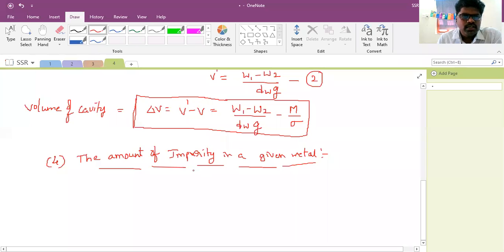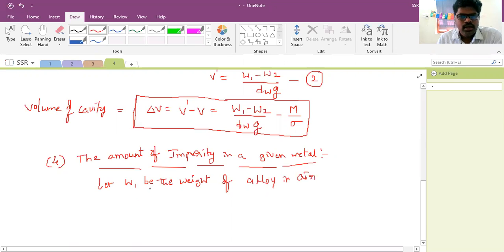For that, you can take an alloy. An alloy contains at least two metals, let us say copper and gold. Let W1 be the weight of the alloy body, that means a body made up of the alloy, weight of the alloy in air.